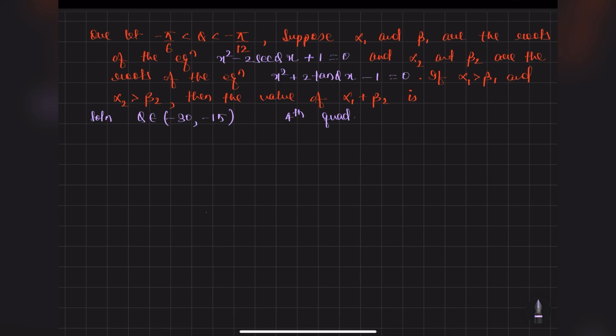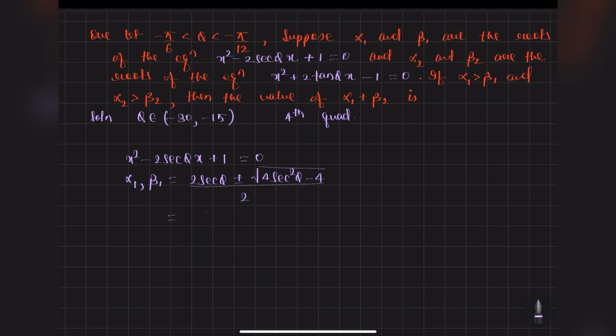So the first equation is x square minus 2 sec theta x plus 1 equals 0. Now we know that alpha 1 and beta 1 are its roots, so we use minus b plus minus root d by 2a. So it is 2 sec theta plus minus root over 4 sec squared theta minus 4ac, by 2a, where a is 1.